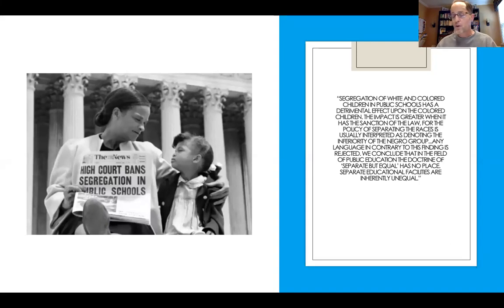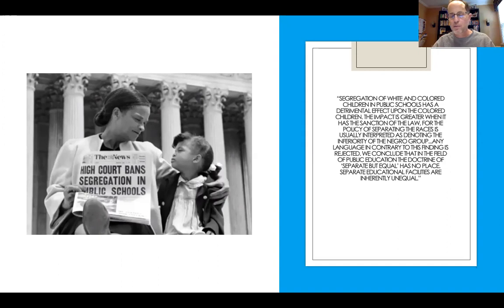In some ways, what I see is Warren using the decision much like FDR used the fireside chats, to simply explain. And his opinion then clearly was about the impact that segregated schooling had on children of color. And he wrote very clearly that what it does is, as you see on the screen, it denotes this badge of inferiority.